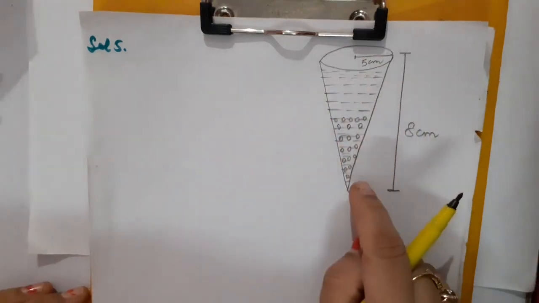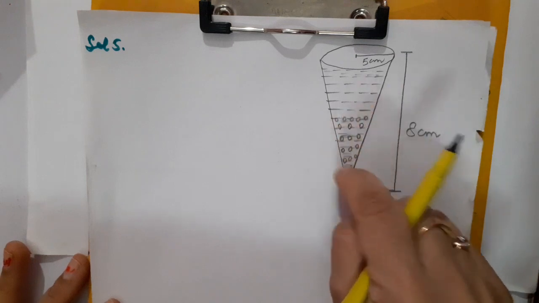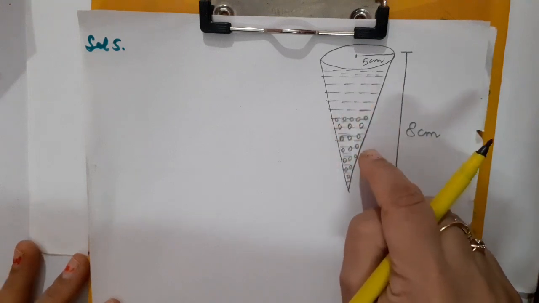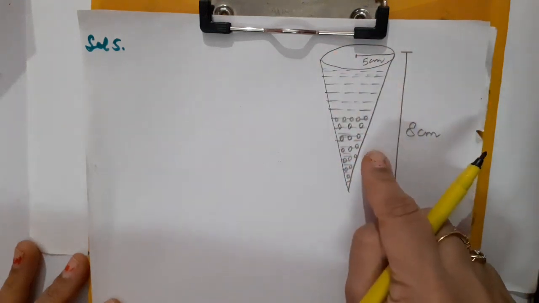Children, after understanding this statement, you may have understood how we can calculate the number of lead shots which are spherical in shape and they are dropped in this inverted cone.